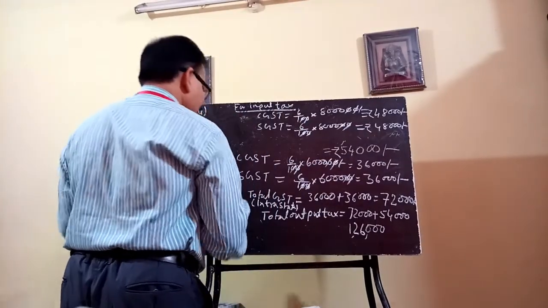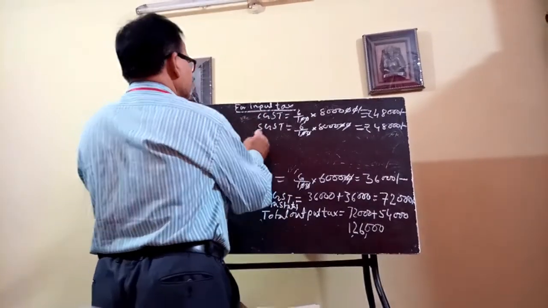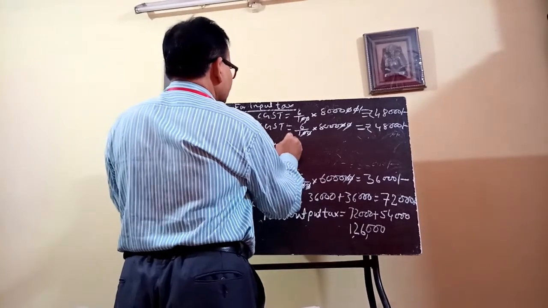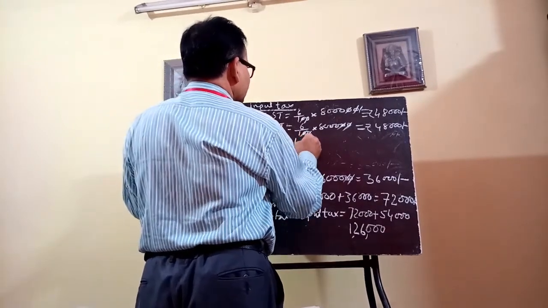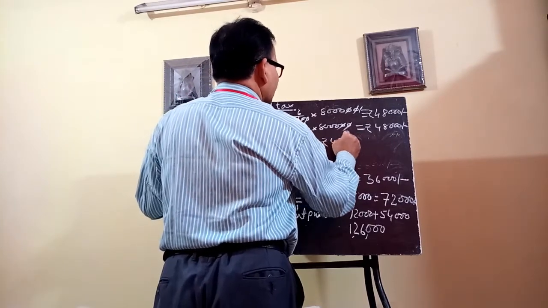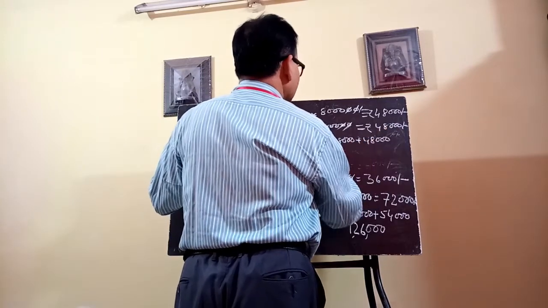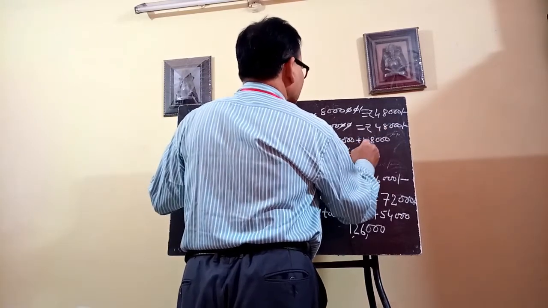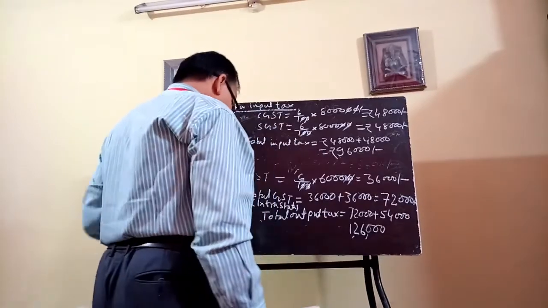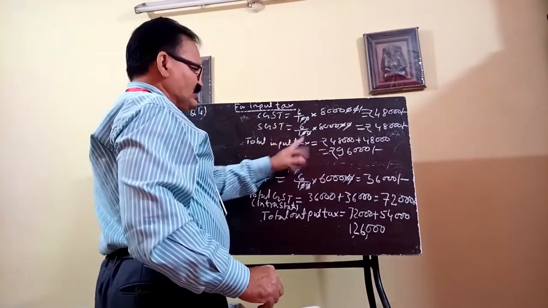So total input tax is your rupees 48,000 plus 48,000 is your 96,000. So 96,000 is your total input tax.